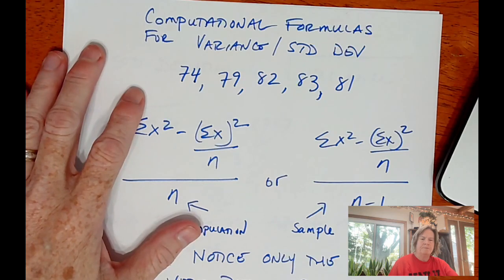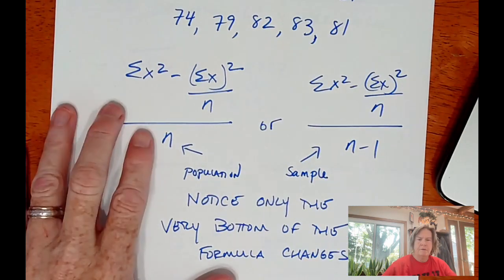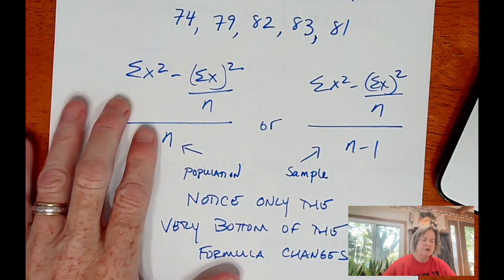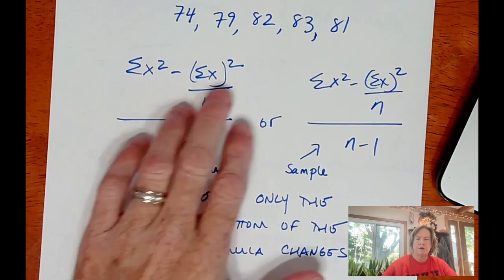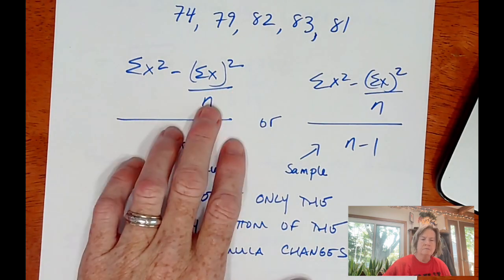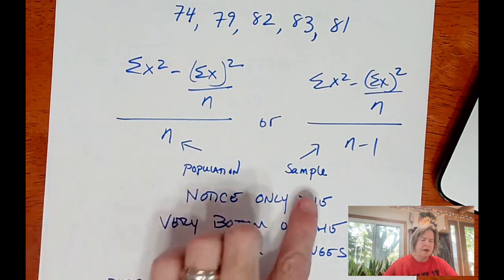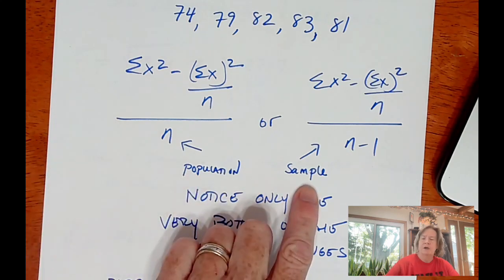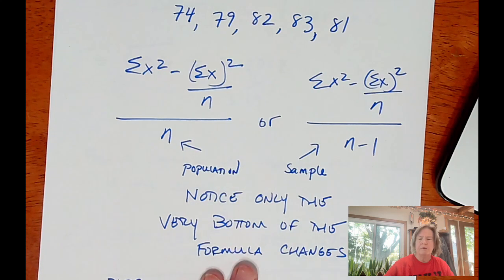Okay. So what I'm going to do in this is just show you the computational formula. It is the sum of the x's squared minus the sum of the x quantity squared divided by n, and then divided by n if it's a population. We'll divide by n minus 1 if it's a sample. Okay. Notice that only the very bottom of the formula changes.